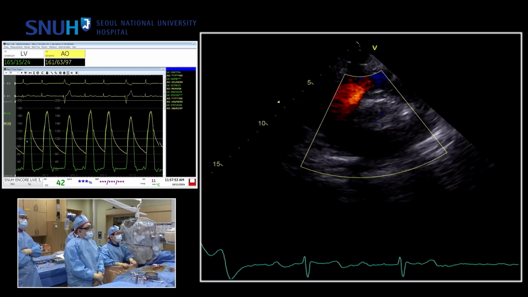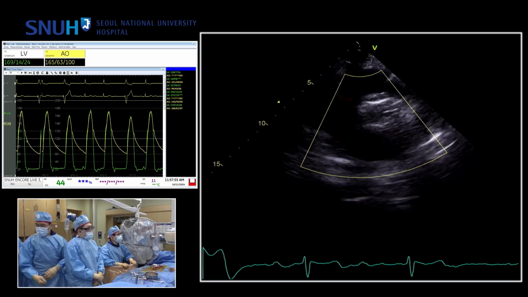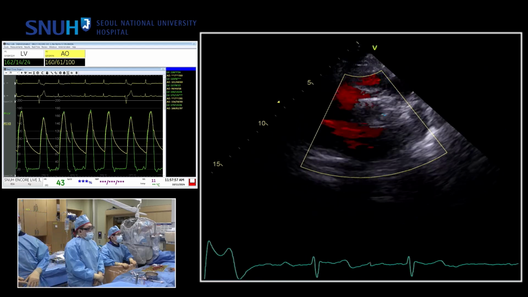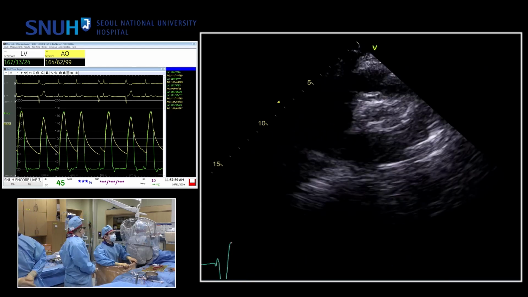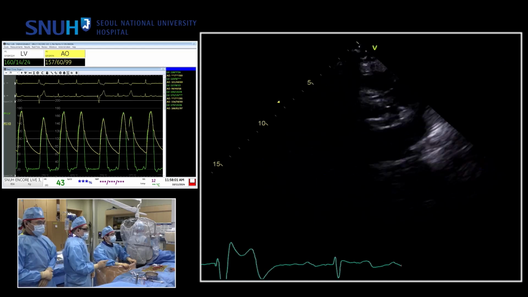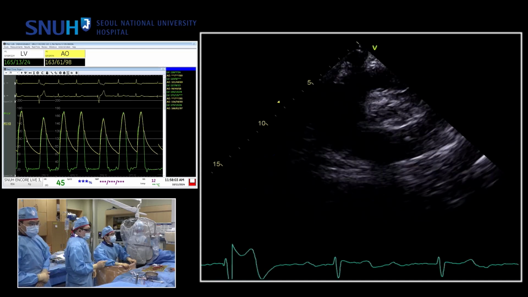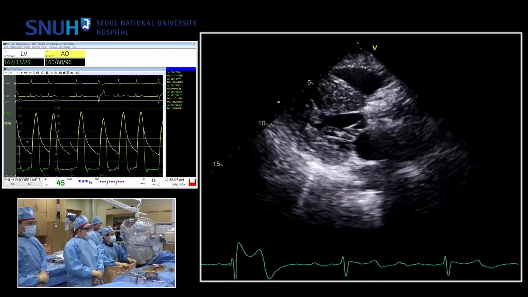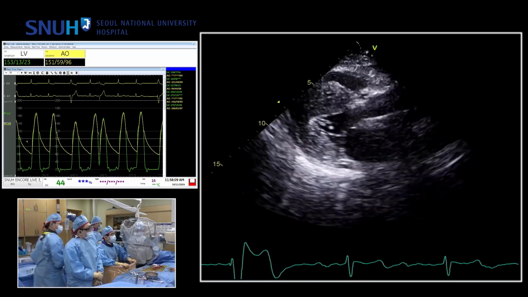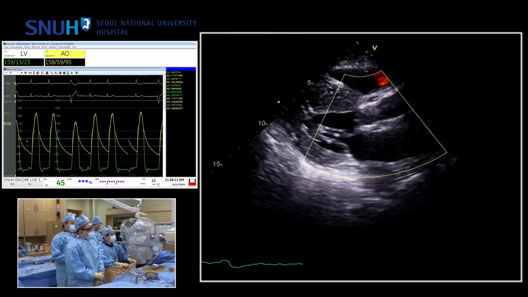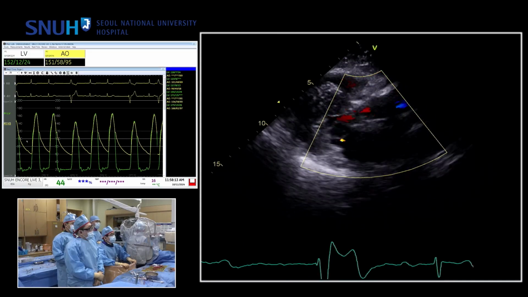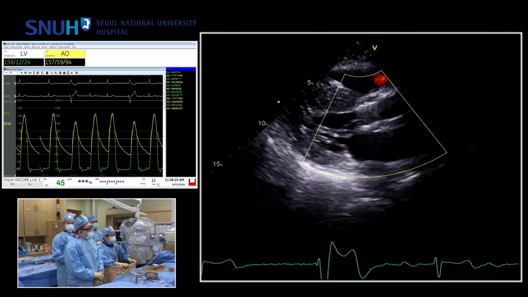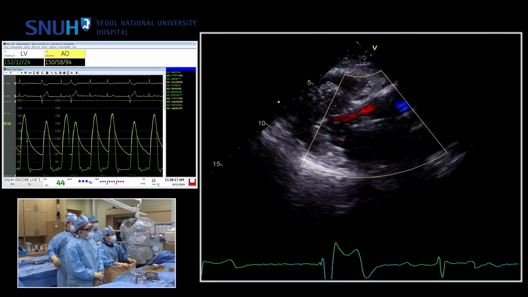Okay, thank you. I'd like to comment about the echo image. Somebody who attended the TAVI live yesterday, we did the longitudinal view. Image quality, you look at this is a color transthoracic image. Can you see there is no regurgitation, at least in the longitudinal axis, a little bit oblique?